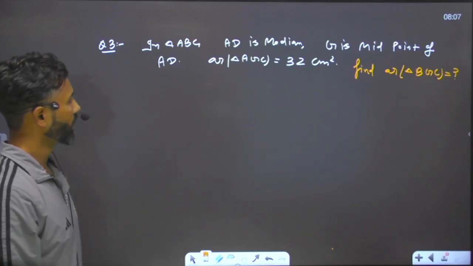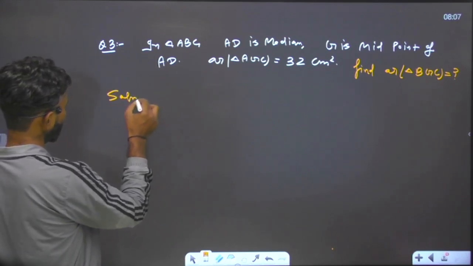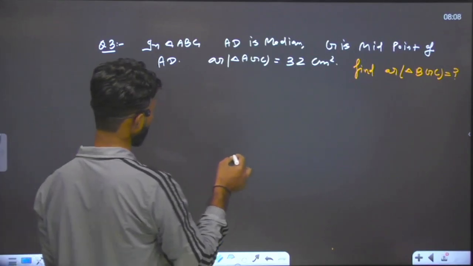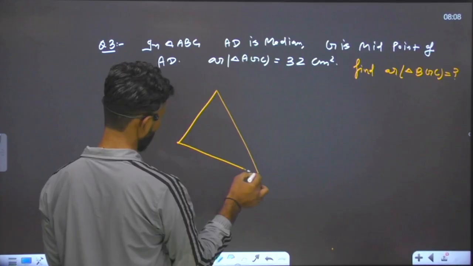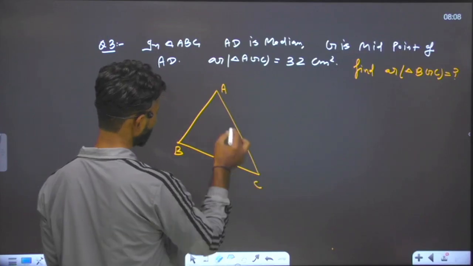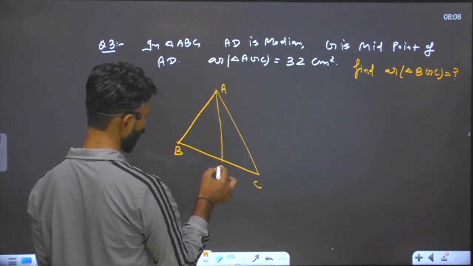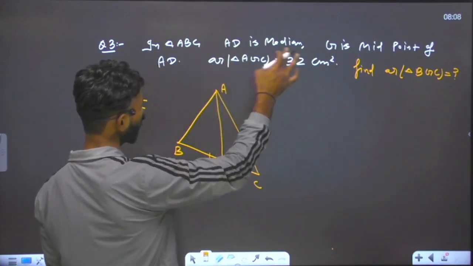Okay, so the solution will be like, firstly, we will draw the triangle based on the information provided here. So this is the triangle ABC. And in the question, it is mentioned that AD is the median. So this is the median. And it is said that G is the midpoint of AD. G is not the centroid over here.